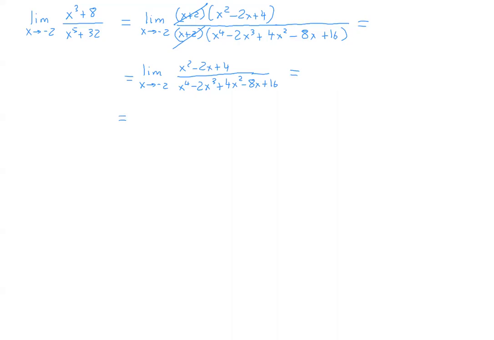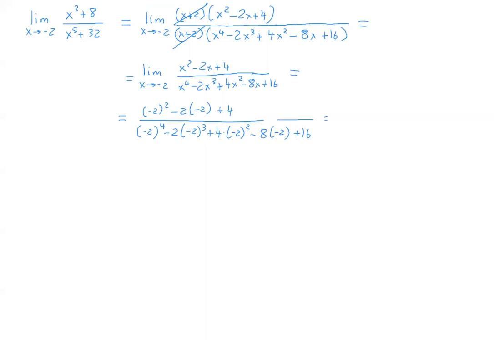So what do I get? I get minus 2 squared minus 2 times negative 2 plus 4 over minus 2 all raised to the 4th power minus 2 times negative 2 to the 3rd power plus 4 times negative 2 to the 2nd power minus 8 times negative 2 plus 16. It's kind of interesting.